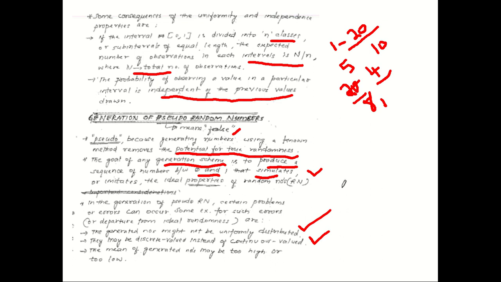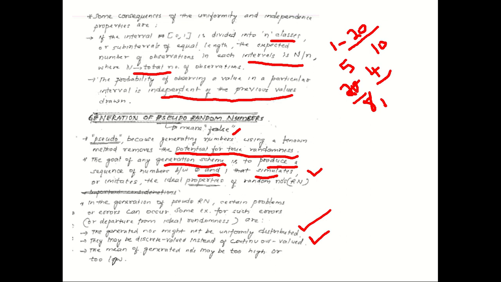So let us make it clear here: the random number generator is nothing but a routine or a method which is going to produce a set or sequence of random numbers.